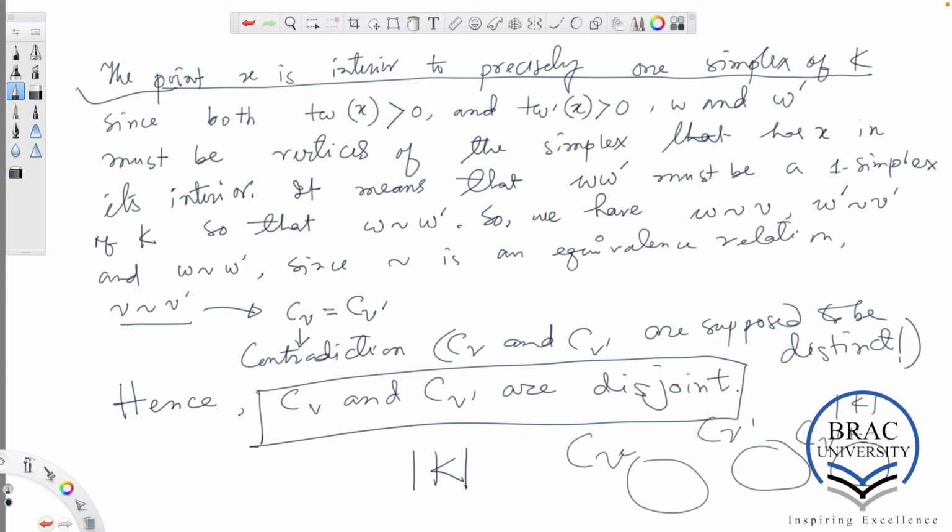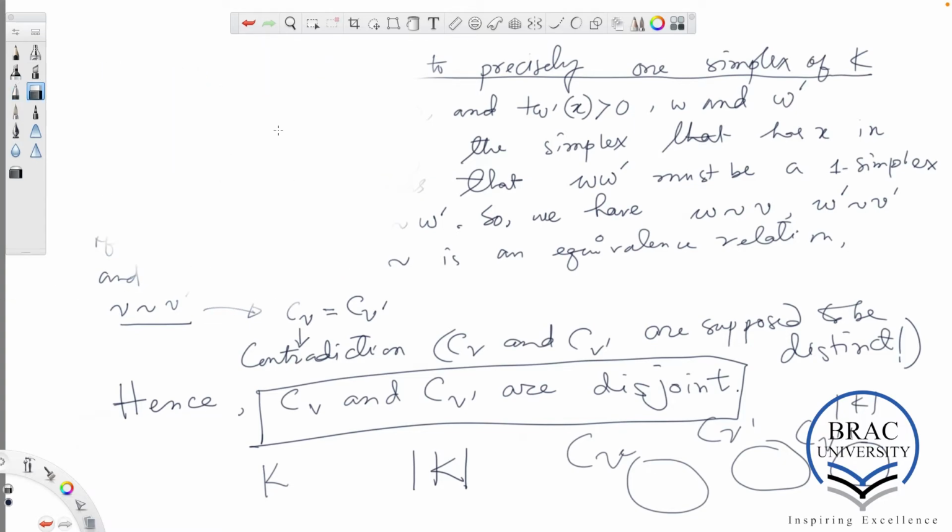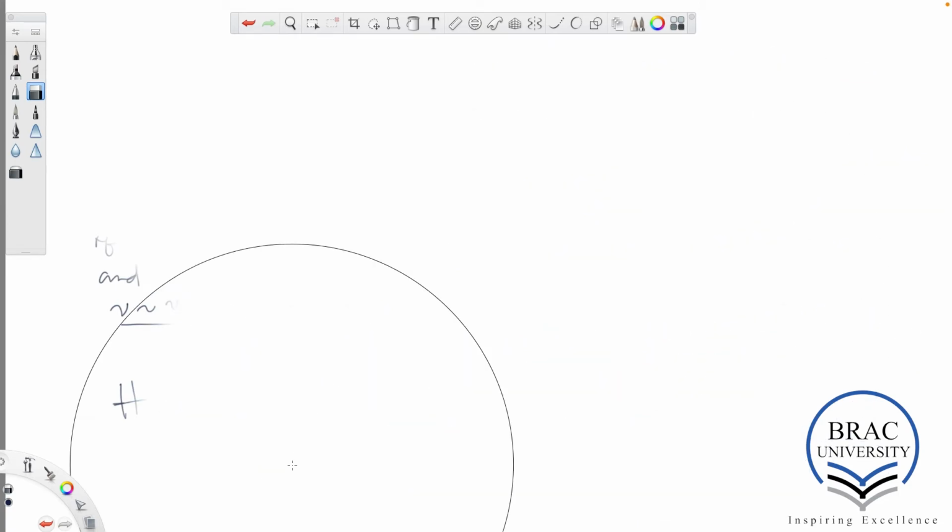And each simplex of this complex K lies in a unique component, say C sub V. Okay, all right. So that was the first step where we show that C sub V is a component of mod K. Now we are ready to prove our theorem. Okay, so let's prove it.